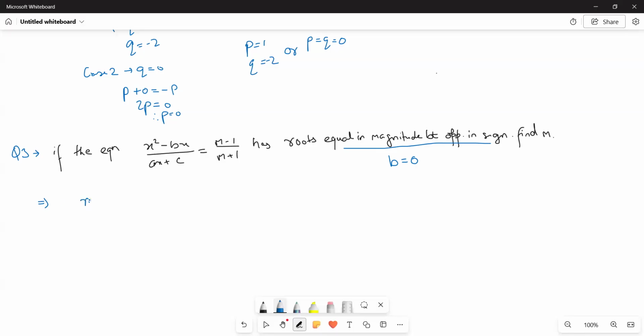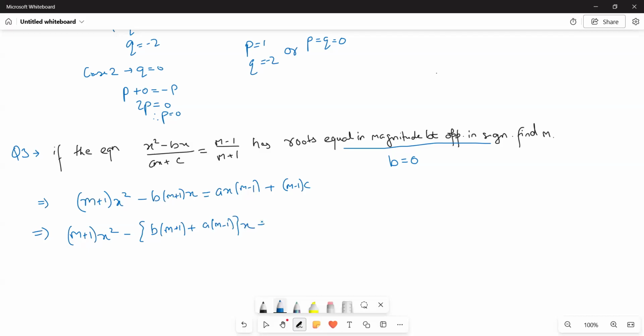So we cross multiply. This would be like m plus 1 x square minus b times m plus 1 x is equal to ax times m minus 1 plus m minus 1 times c. Take everything on the same side. So m plus 1 x square minus b times m plus 1 plus a times m minus 1 x minus m minus 1 c is equal to 0. So this would be the quadratic written in the proper form.